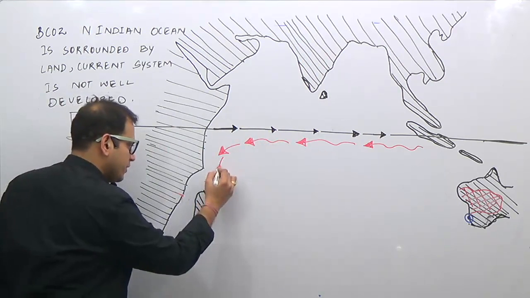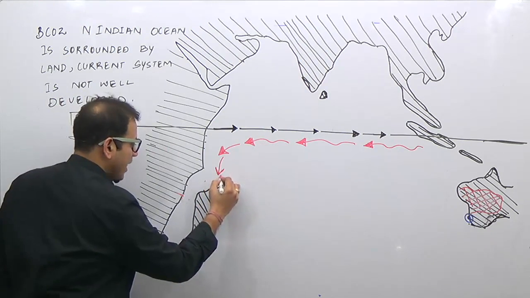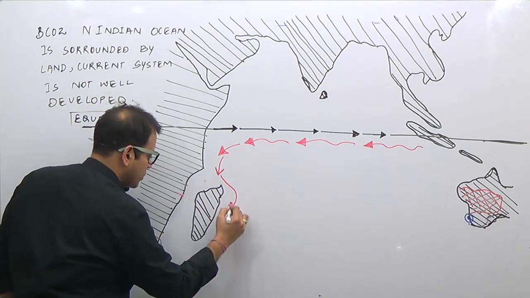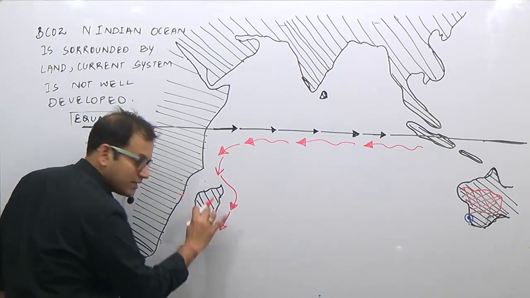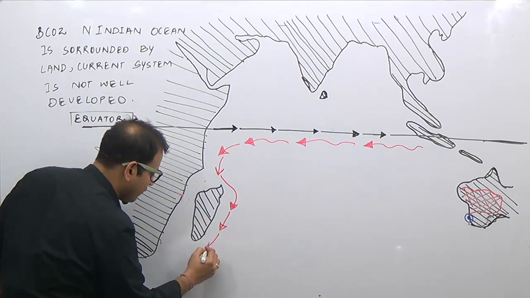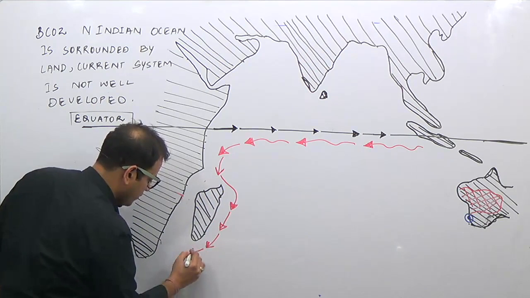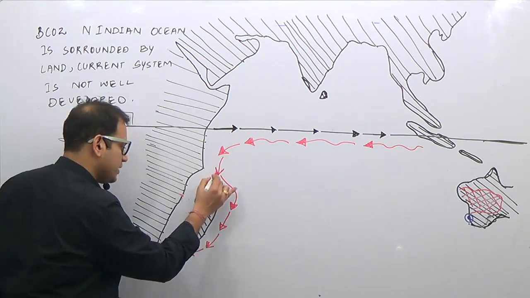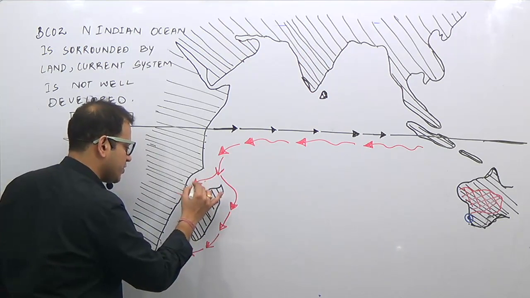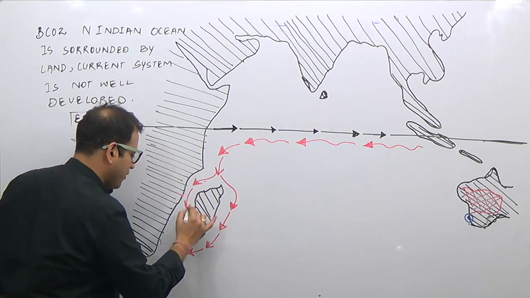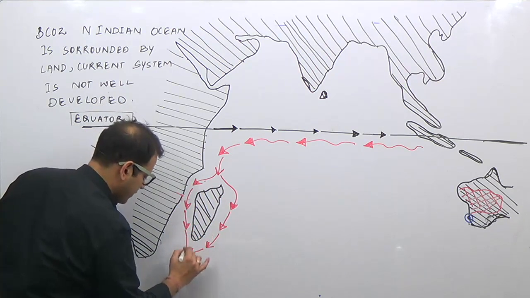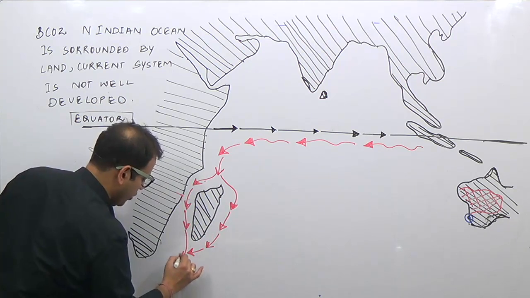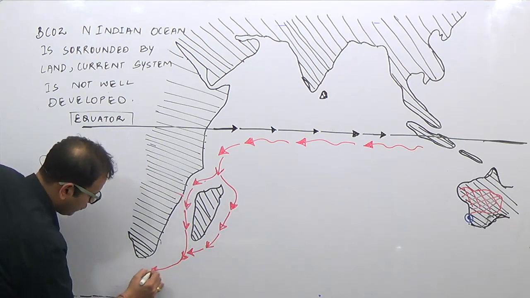Now this south equatorial current water comes and is bifurcated. One goes to the eastern side of an island, this is Madagascar island, and one goes through the region between the island of Madagascar and Africa. After that, both these ocean currents join and together they flow downwards.